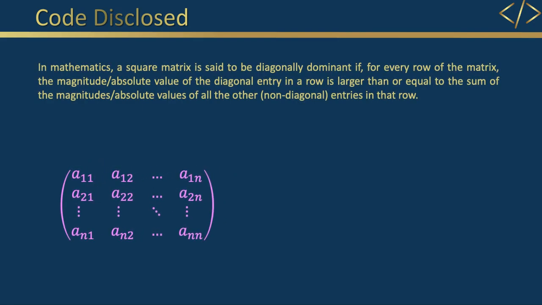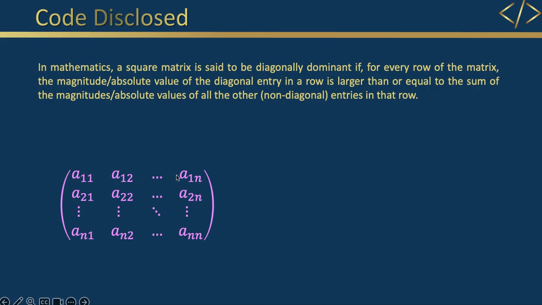In mathematics, a square matrix is said to be diagonally dominant if for every row of the matrix, the magnitude, or absolute value, of the diagonal entry in a row is larger than or equal to the sum of the magnitudes of the other non-diagonal entries in that row.